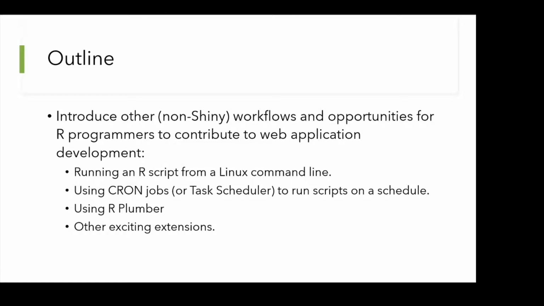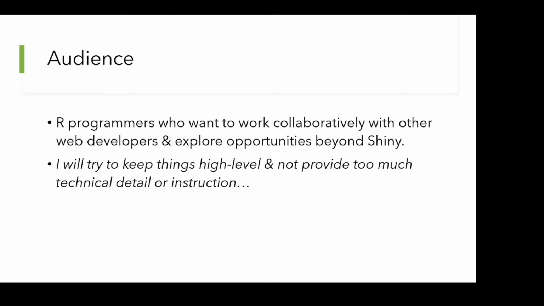Then running R from a server using some kind of API type environment with Plumber, Rserve, and so on, and some other exciting extensions that we could start to think about. The audience here, I'm focusing specifically on R programmers who want to learn more about this stuff and work collaboratively with web developers to explore opportunities beyond Shiny. But I'm going to keep everything high level here, so no technical detail instructions or detailed demos.